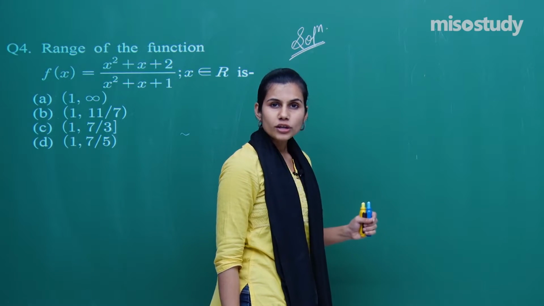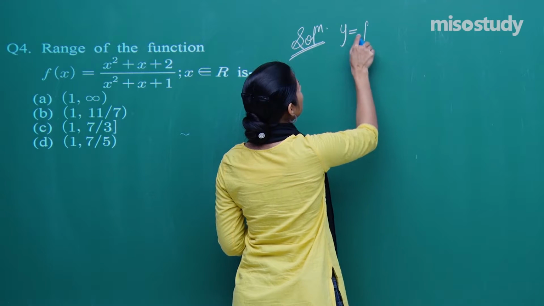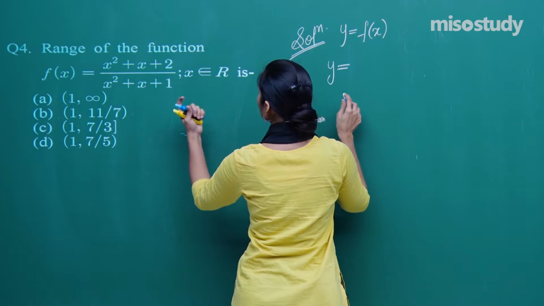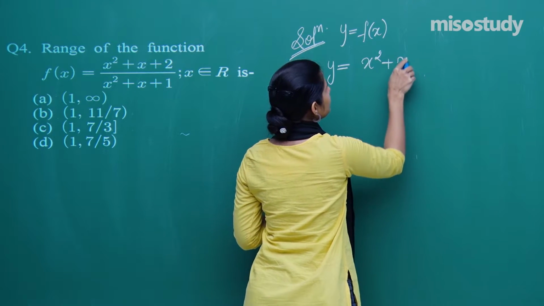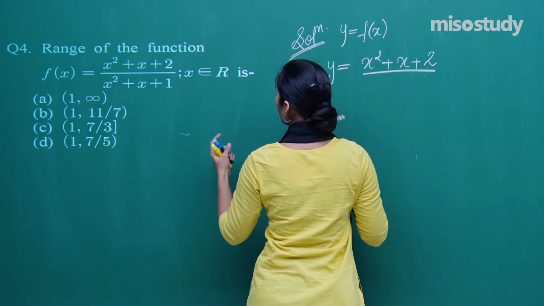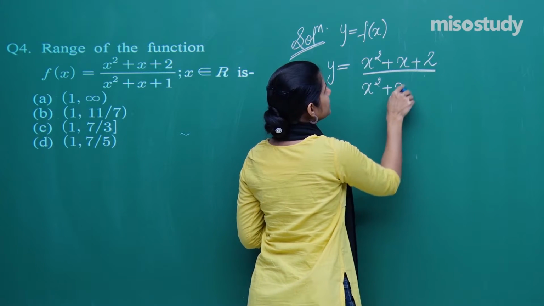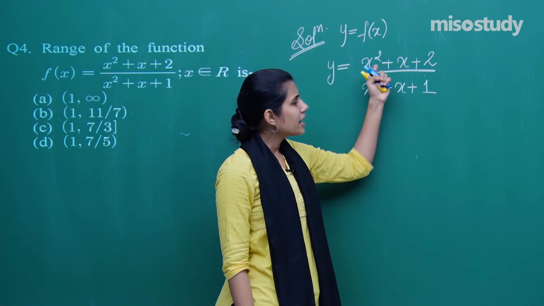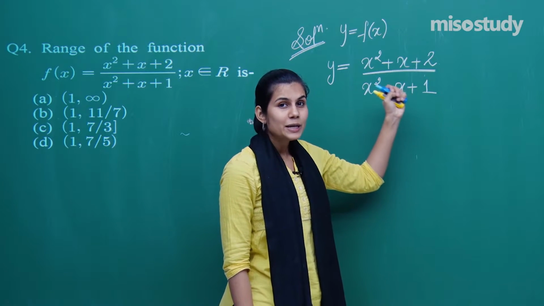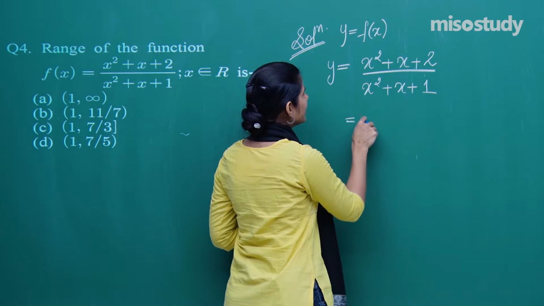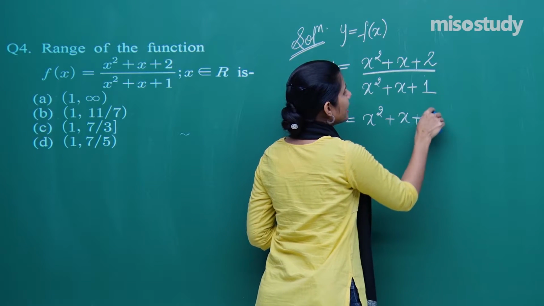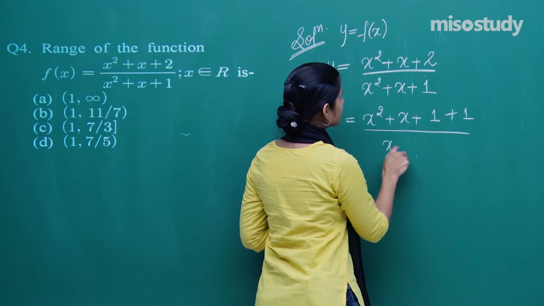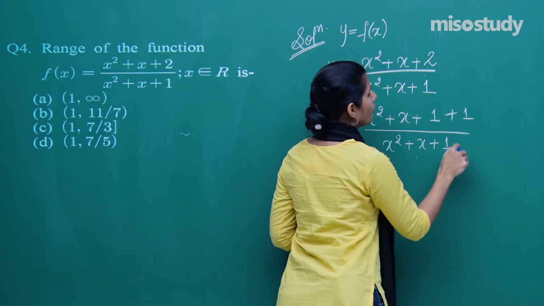The first step in the algorithm was to equate y equals f(x). That means y is equal to (x square plus x plus 2) whole upon (x square plus x plus 1). Now very well you can see that somewhere above also x square plus x plus 1 can be made. That is, I can write it as (x square plus x plus 1 plus 1) whole upon (x square plus x plus 1).